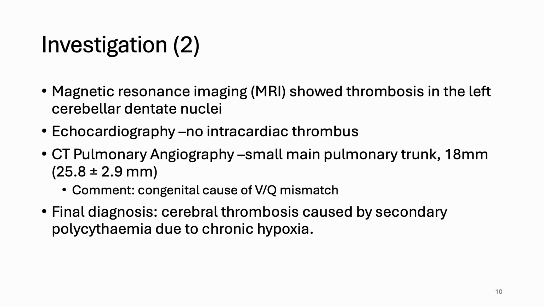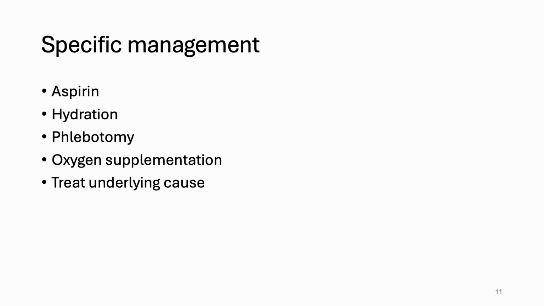And this has led to the final diagnosis of a stroke secondary to a polycythemia that is due to a chronic hypoxia. The specific management of a stroke caused by a secondary polycythemia is hydration, aspirin, phlebotomy, oxygen supplementations, and in all cases, treat the underlying cause of secondary polycythemia.